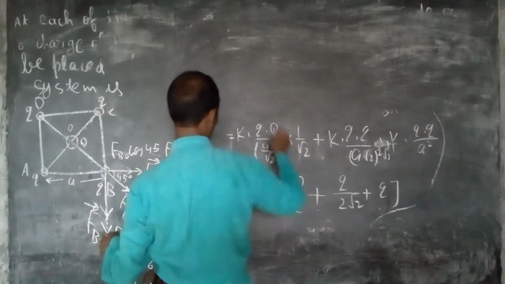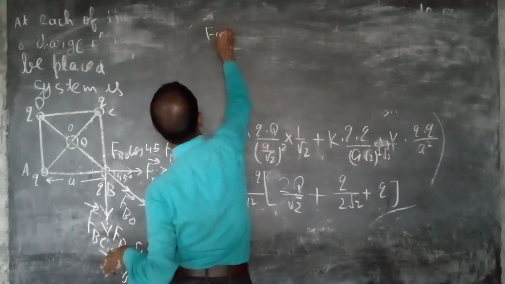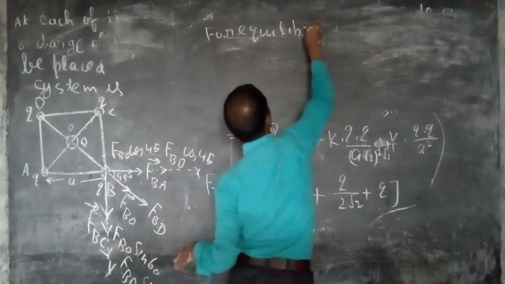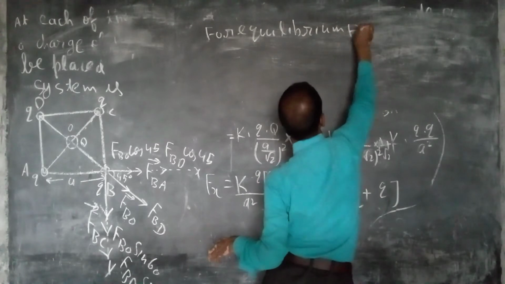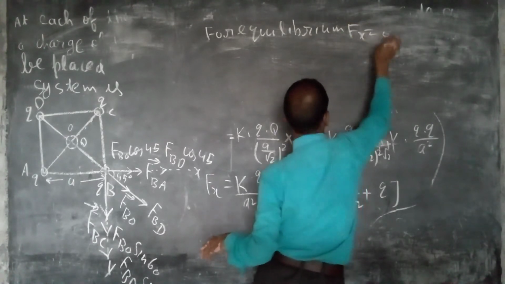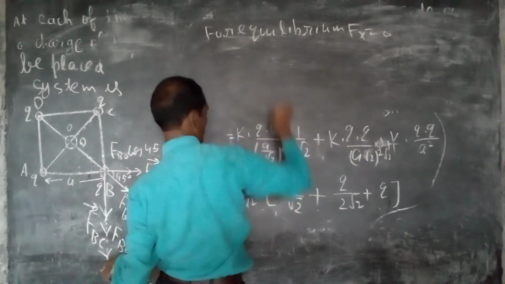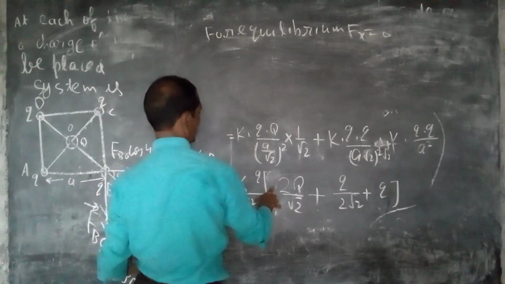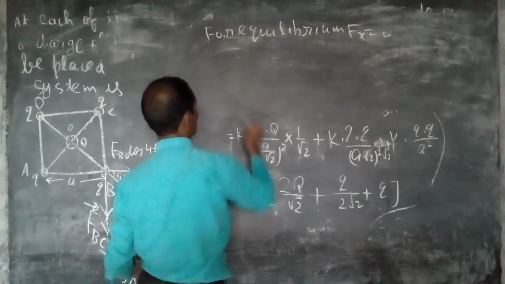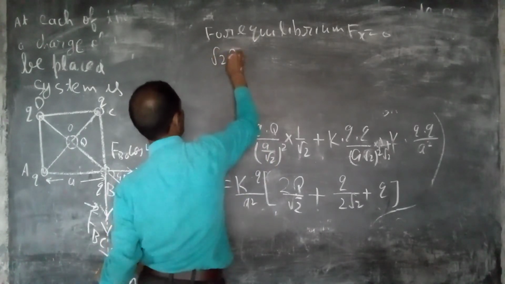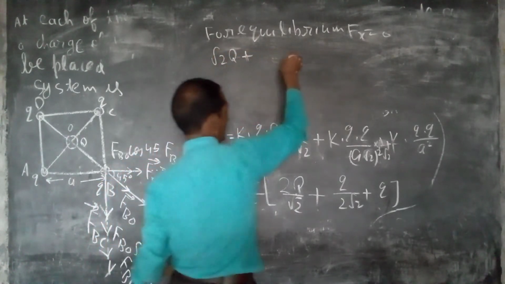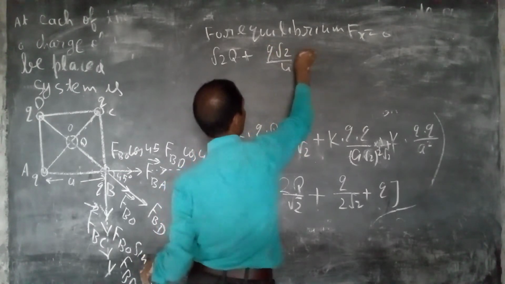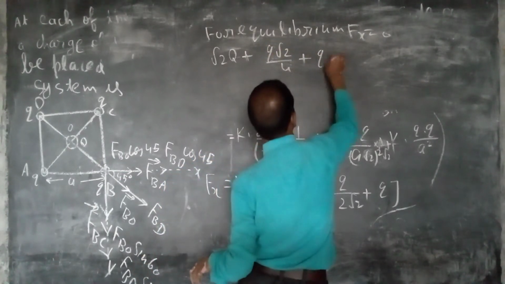So for equilibrium, Fx is equal to 0. So write the value. So this becomes root 2. 2 can be written as root 2 into root 2, so one root 2 cancels. So let's write here root 2 Q plus q root 2 upon 4 plus q is equal to 0.